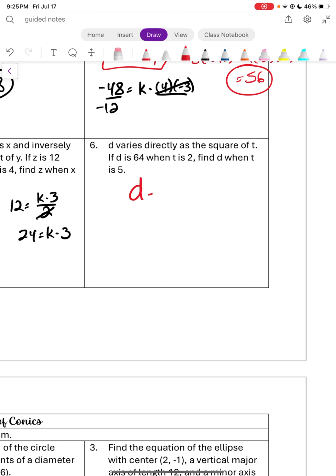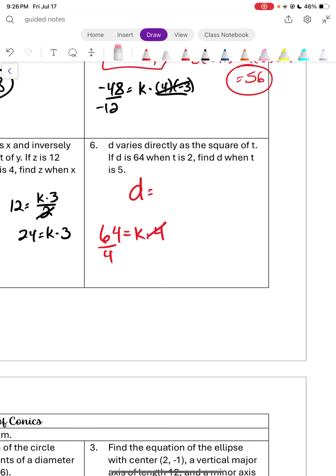And the last one, d varies directly, that's multiplication, as the square of t. And several things have this type of direct variation. D varies directly as the square of t, not square root. Be careful there. If d is 64 when t is 2, let's look for that k value. So it's going to be k times 4, divide by 4, that gives you a k value of 16.